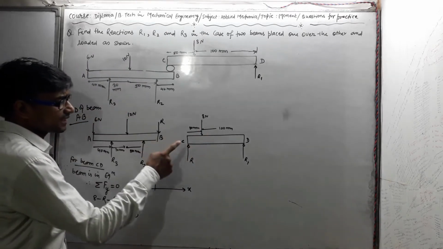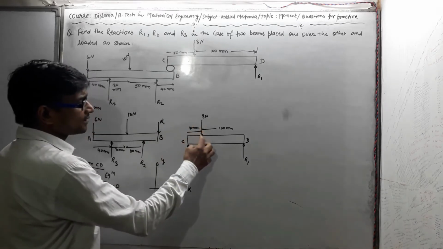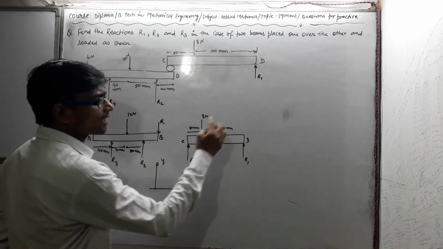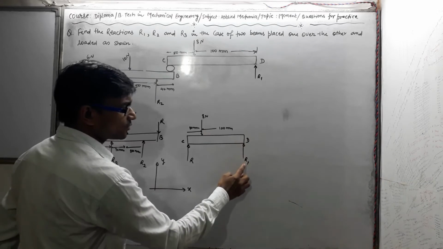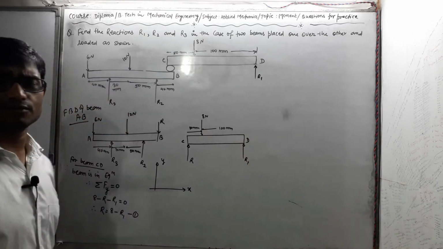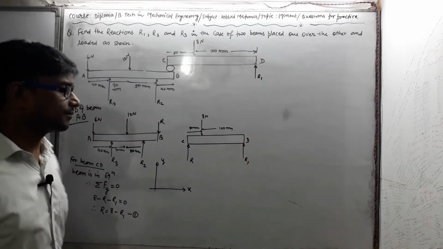If I consider point C, or the point at which the 8 Newton force is acting, or the point at which R1 is acting, the result would come out the same.